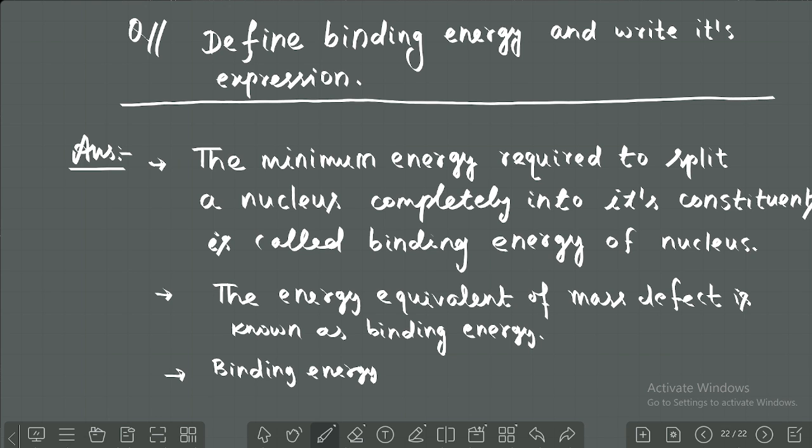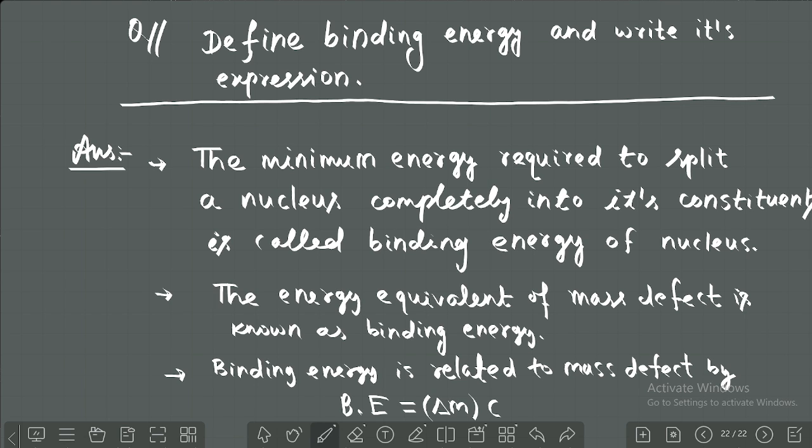Binding energy is related to mass defect by E equal to, or binding energy B equal to delta M into C square.